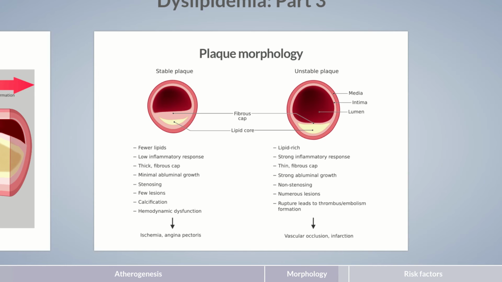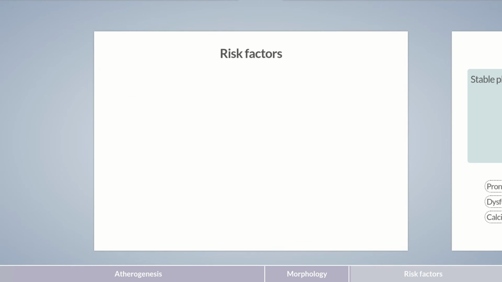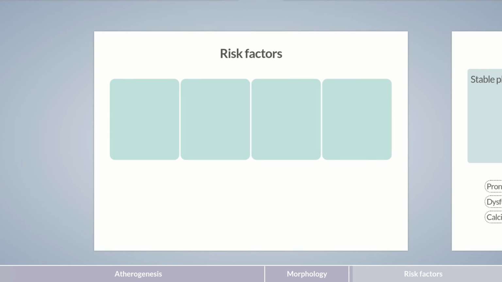As already indicated, atherosclerosis and potential complications develop rather slowly and gradually. So preventive measures and reducing risk factors are crucial to prevent, or at least delay their development. The most important risk factors of atherosclerosis are smoking, diabetes mellitus, arterial hypertension, and disorders of fat metabolism, that is, dyslipidemia.